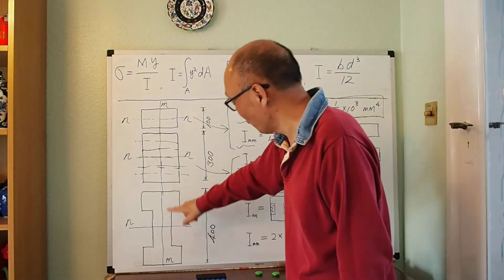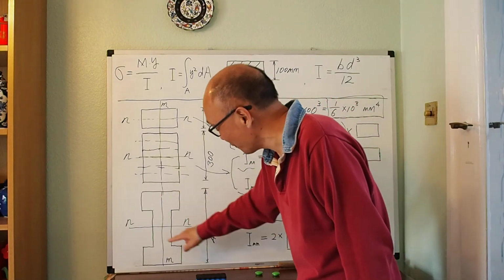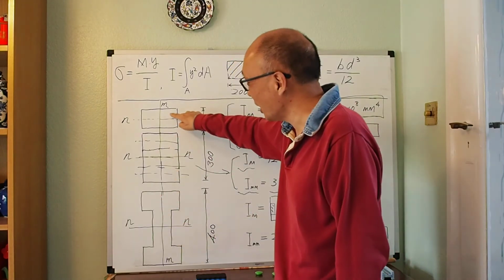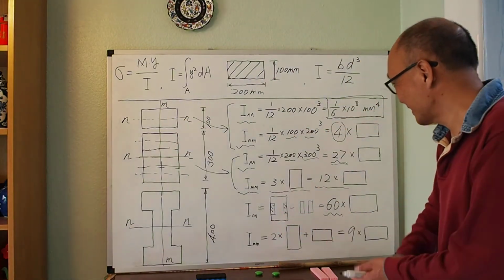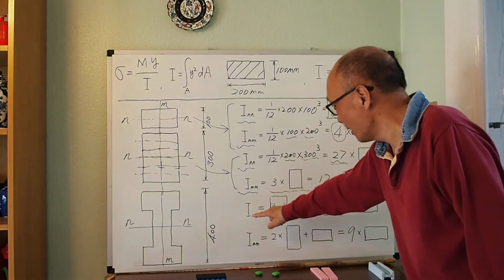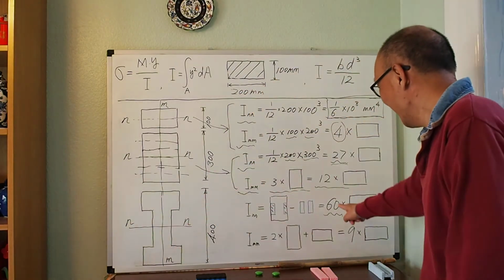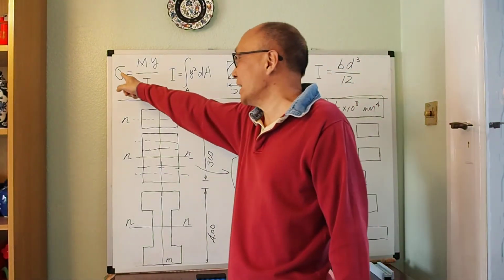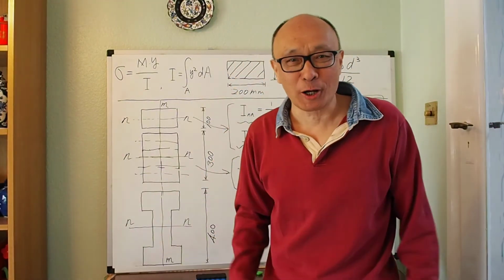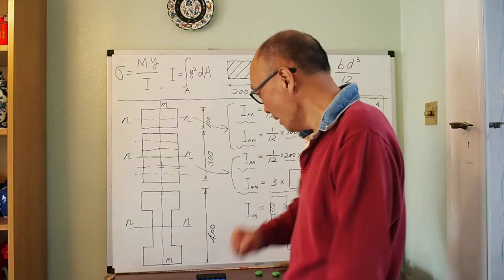The volume of material you use for this case is only 3 times more. But the second moment of this I section about this neutral axis is 6 times larger, which means the stress will be 6 times smaller. So that makes a huge difference.